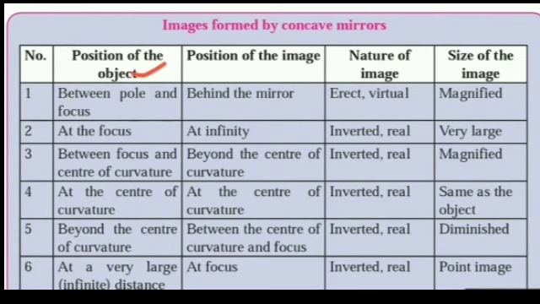In the second point, when the position of the object is at the focus, at that time we will get the image at infinity and the image is inverted, real and the size of the image is very large. Observe the table, the position of the object and position of the image are given, and the nature and the size of the image are given.